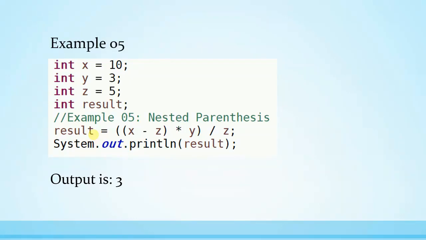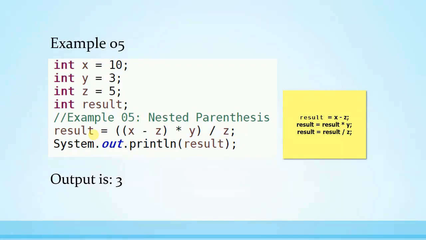This operator precedence is useful when you are converting a mathematical formula into a single expression. However, one can write it in multiple statements. That means one can write it like this: result equal to x minus z. Then in the next line, result equal to result into y.